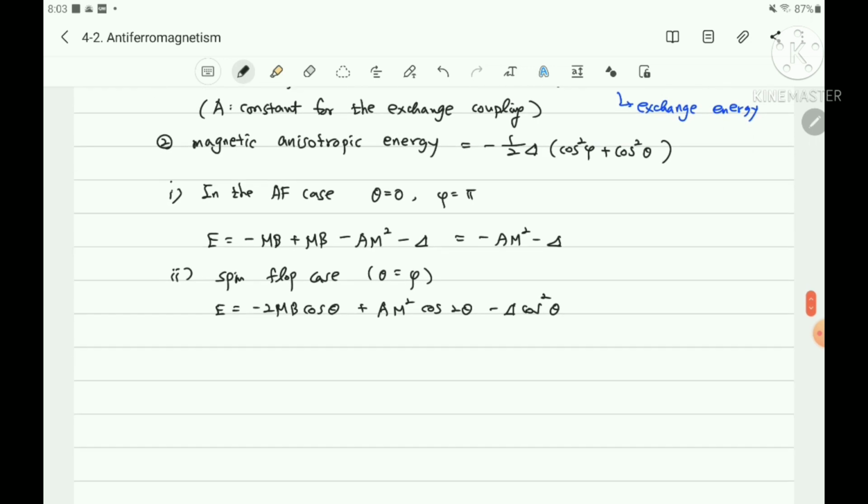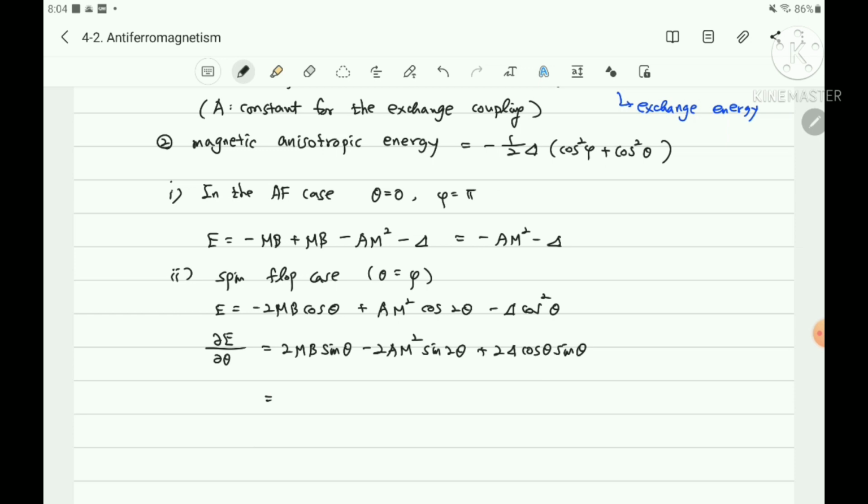Here let's find the angle of minimum energy by taking the derivative with respect to theta: 2mB sine theta minus 2A m squared sine 2 theta plus 2 delta cosine theta sine theta.